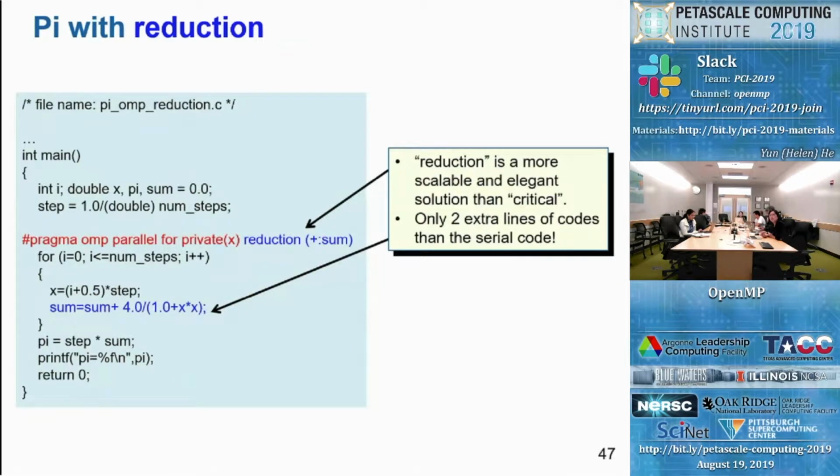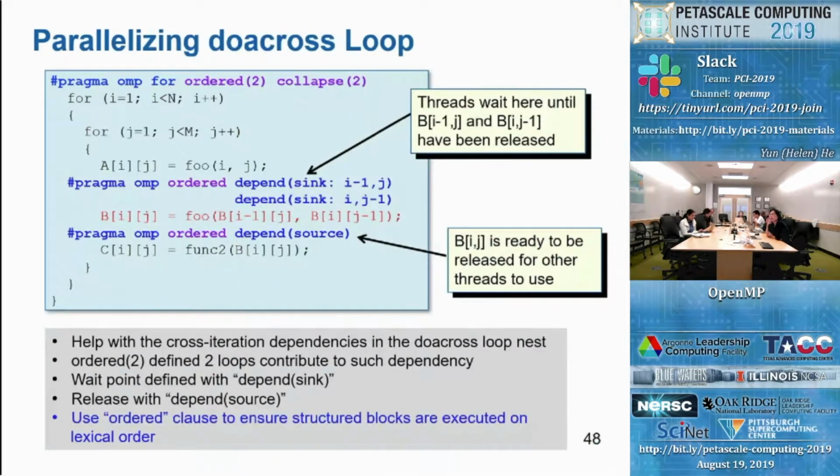So here, PI was a reduction. The reduction is inside the parallel region, but the reduction is also done by the global implementation of adding together all the private sums. Next slide, please. Reduction is very simple, only 2 lines.